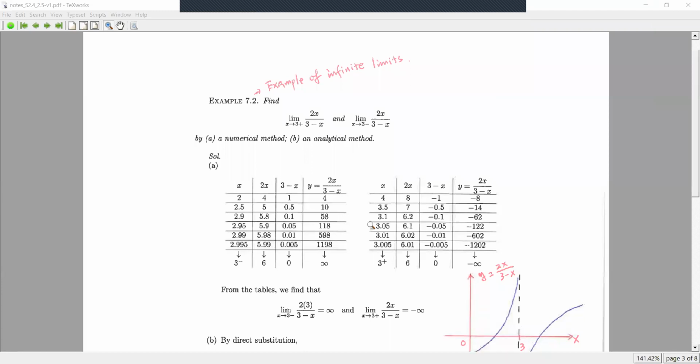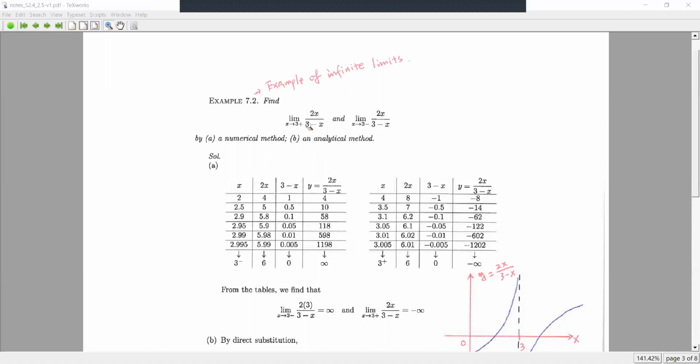In this solution, I have made two tables for the limits. This table is for the left-hand side limit, and this table is for the right-hand side limit. From this table, as x approaches the number 3 from the left side, the numerator of the function, 2x, approaches the number 6.